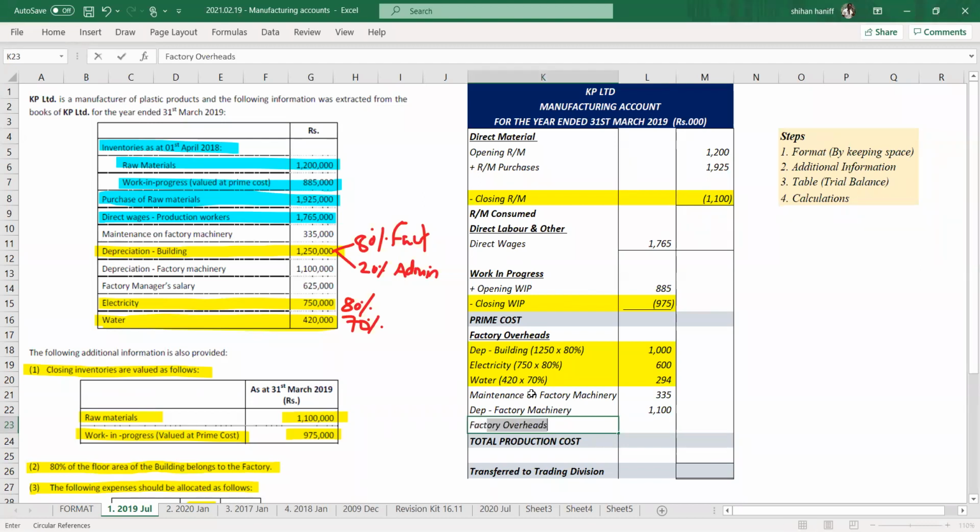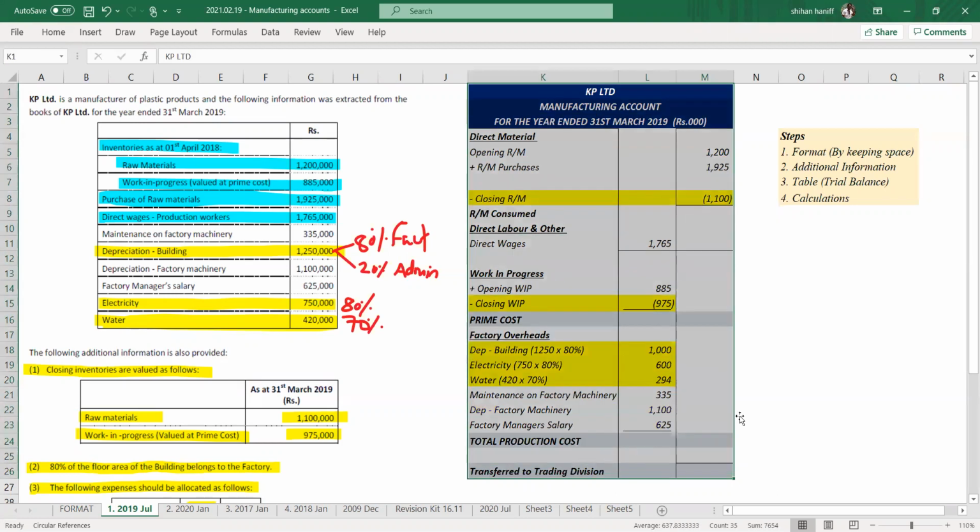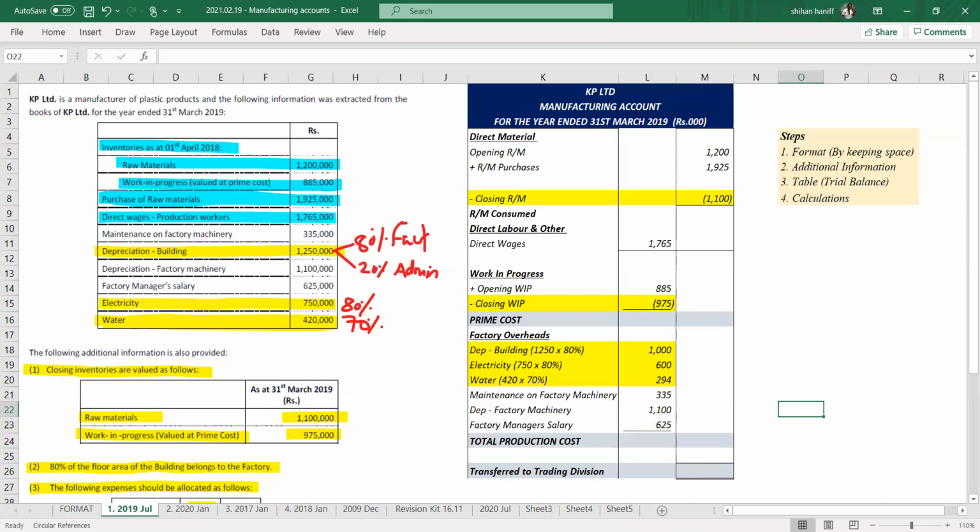Factory manager salary, which is a factory overhead expense, 625. Okay, so that's all we have. It's very simple. You can easily score the marks from the manufacturing account if they have given.